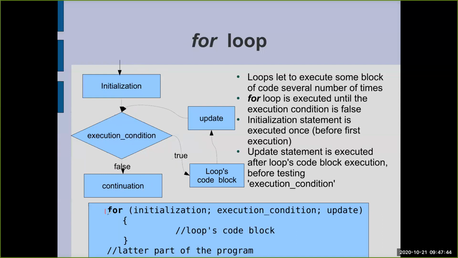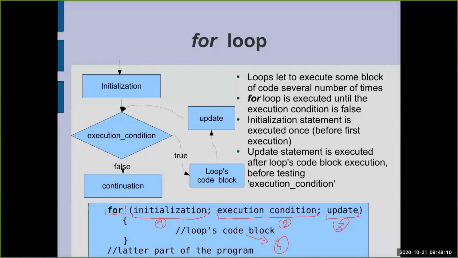So here is the for loop definition, and I have several fields. So I have initialization, let's say 1, execution condition 2, update 3, and here I have the loop's code block, let's say 4.